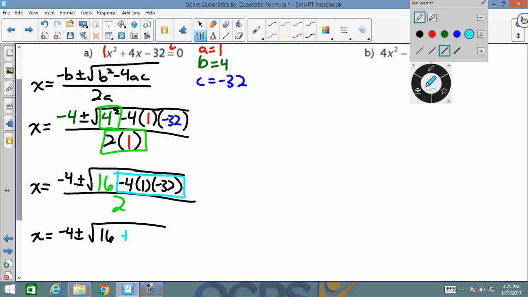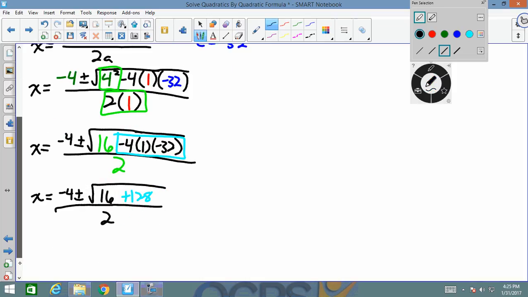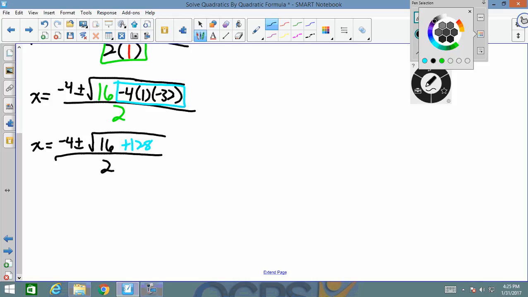So it's plus 128, that's positive, all over 2. Then we're going to do the addition right here. So 16 plus 128 is 144. We're going to bring everything else down.